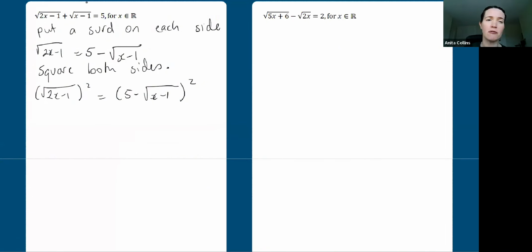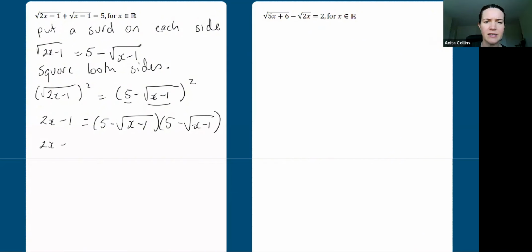Now the left side is easy enough because when we square a square root, it cancels out. They're inverse operations. So that's just going to leave us with 2x minus 1. The square and the square root are gone. On the right-hand side, it's not so straightforward because there are two terms going on here. So I'm going to expand out, square out this bracket fully. And I'll leave the left side as it is. And we're going to do that business where we do the first times the first and the first times the second and so on.